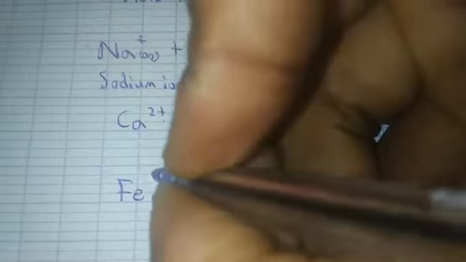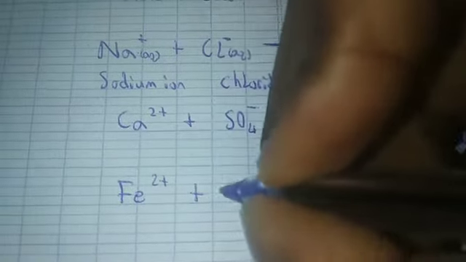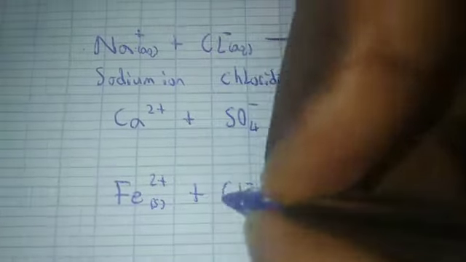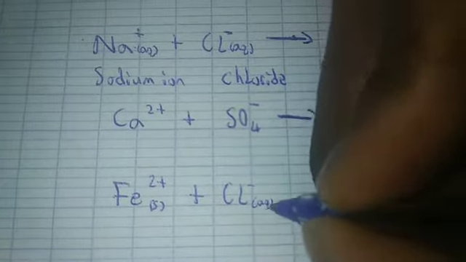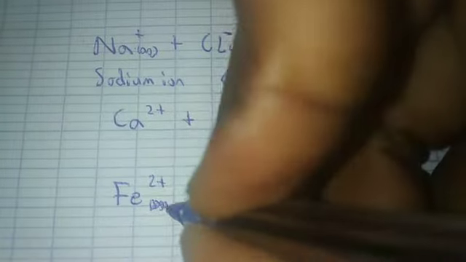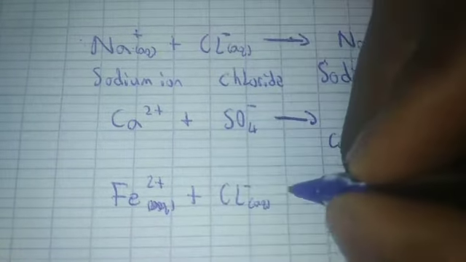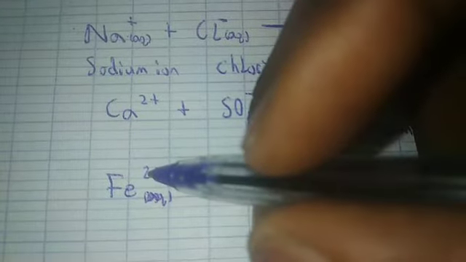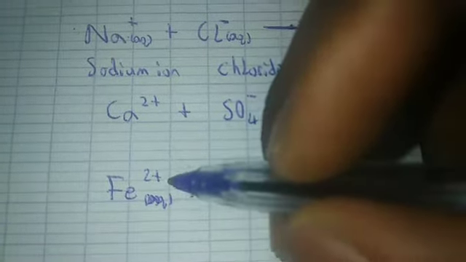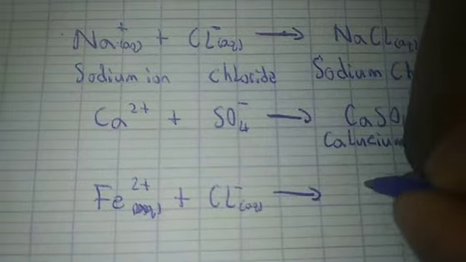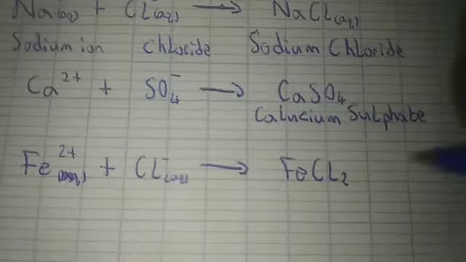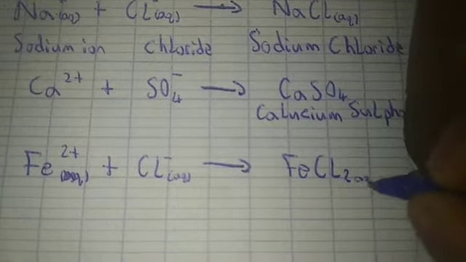So let's use a transition metal like iron plus chlorine, aqueous. If you remember, this is the iron 2 plus ion, iron Roman 2 in parentheses, and this is a chloride ion. So this gives us FeCl2, aqueous.